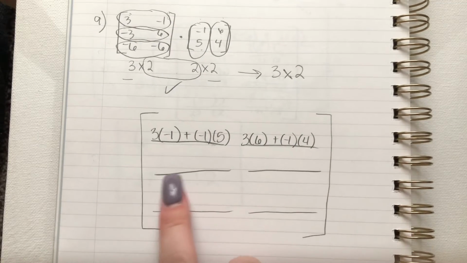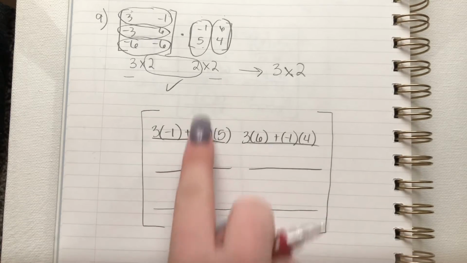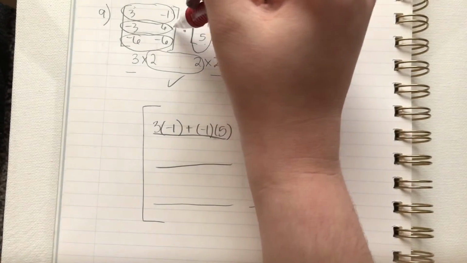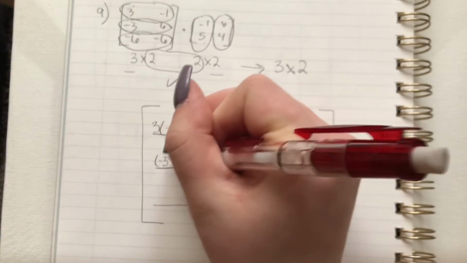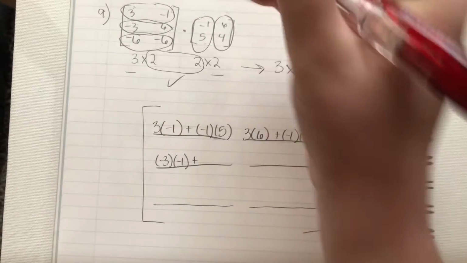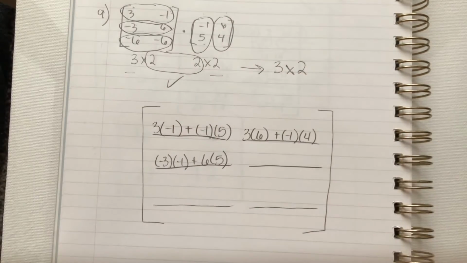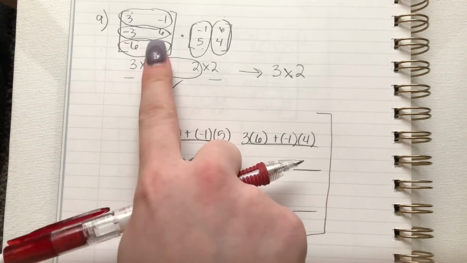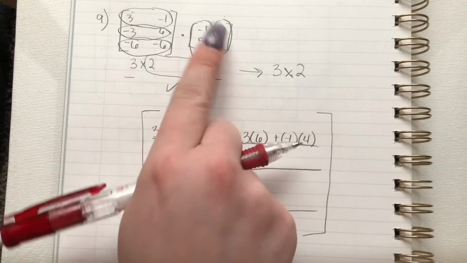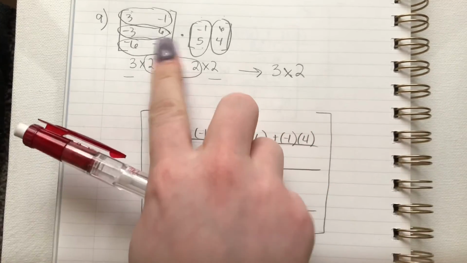This spot right here is in row 2, column 1, so I'm going to take row 2 times column 1. That's -3 times -1 plus 6 times 5. This is row 2, column 2, so that's -3 times 6 plus 6 times 4.